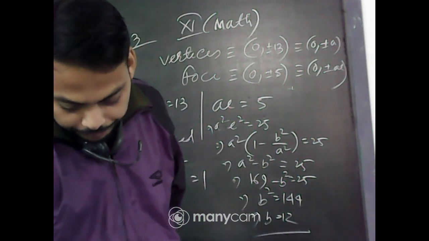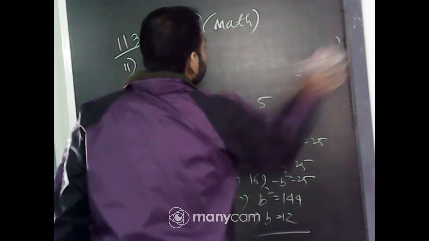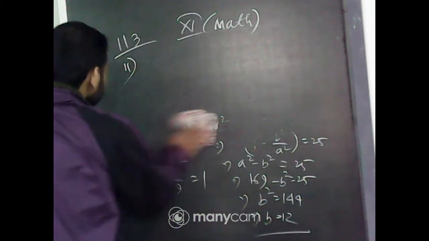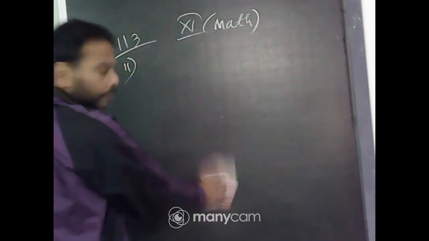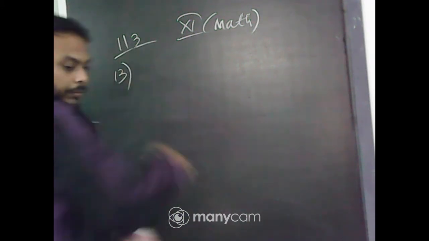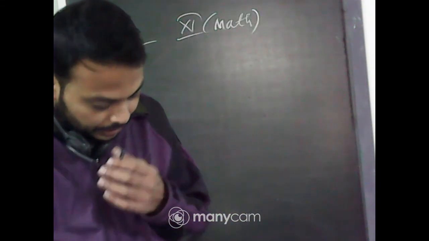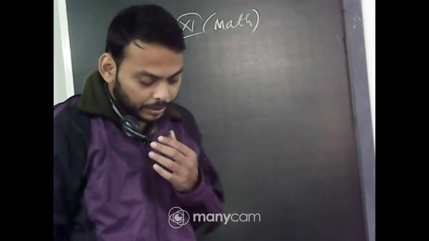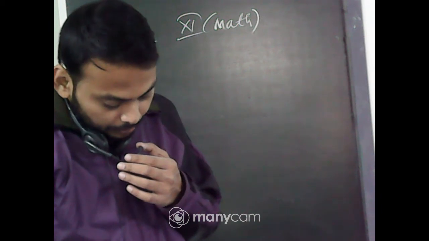So move on to question number 13. Go through it. You also do it in your copy, Vishal. Question number 13. Ends of major axis plus minus 3 comma 0, ends of minor axis 0 comma plus minus 2.